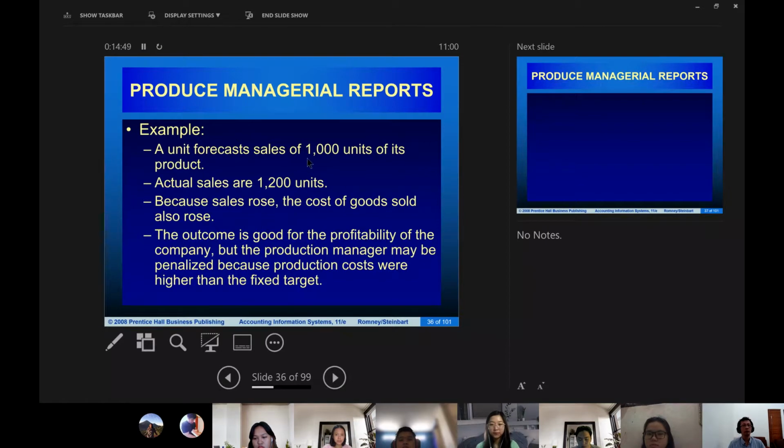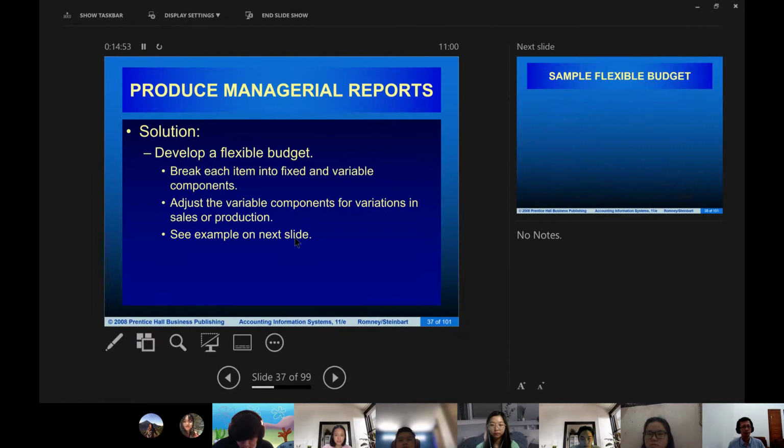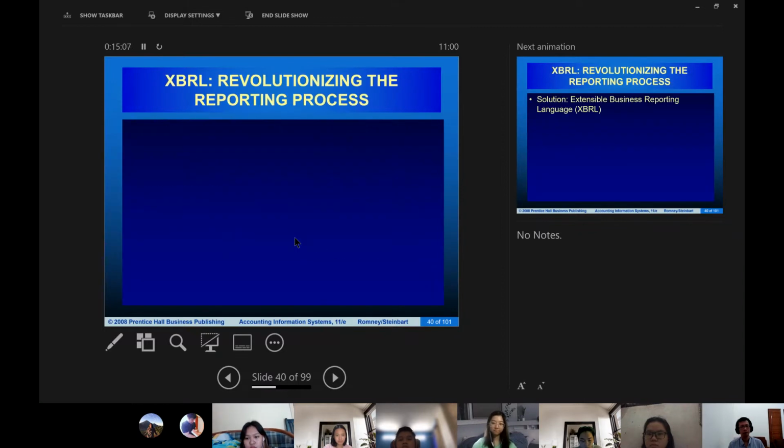Why? Because it will exceed their budget. Solution is developing a flexible budget. Again, this will be discussed in cost accounting, managerial accounting, or managerial control system. I will not discuss this.